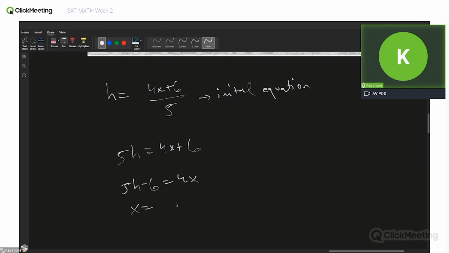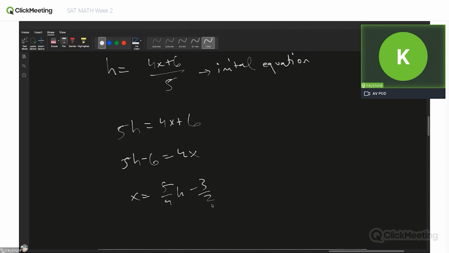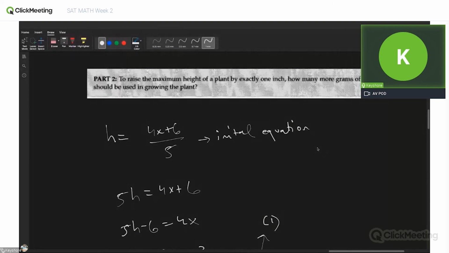Now x equals 5/4 h minus 3/2. Now you can easily just plug in the h as 1, and then the x should come out to equal 1.25.